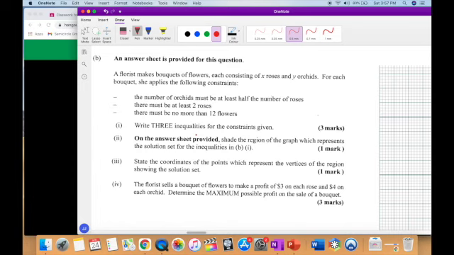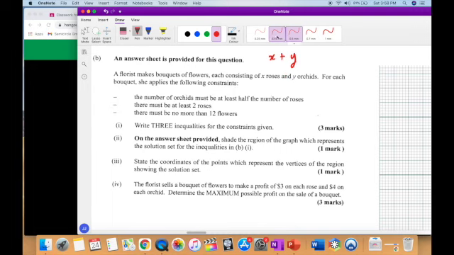So let me get into it. A florist makes bouquets of flowers consisting of X number of roses and Y number of orchids. Immediately, I'm thinking, well, okay, I have some X and Y going on here. If I have X number of roses and Y number of orchids, then adding them together will give me the total number of flowers.